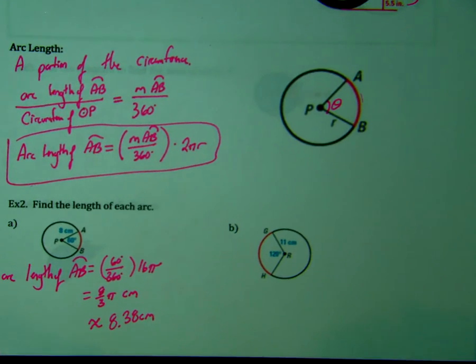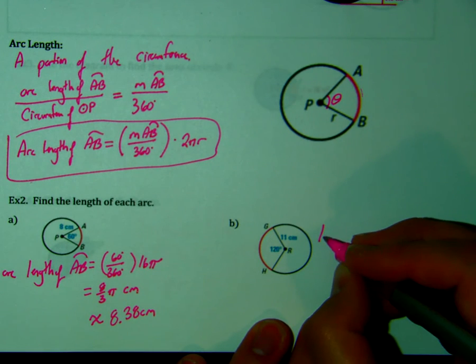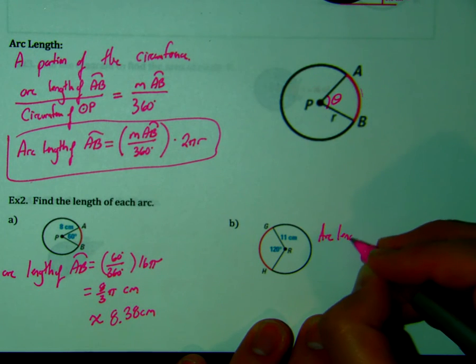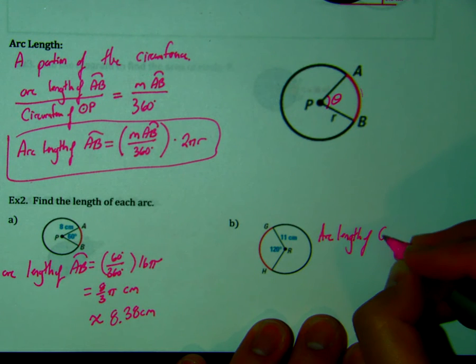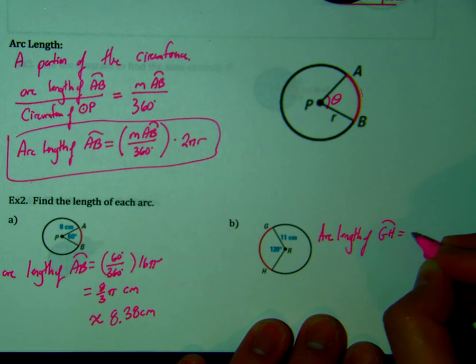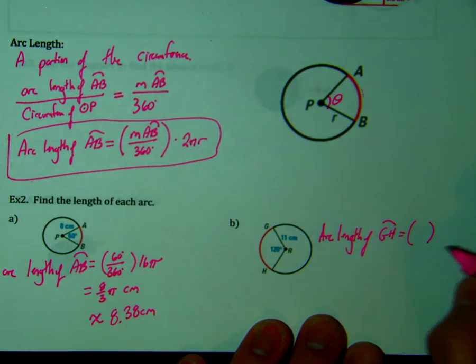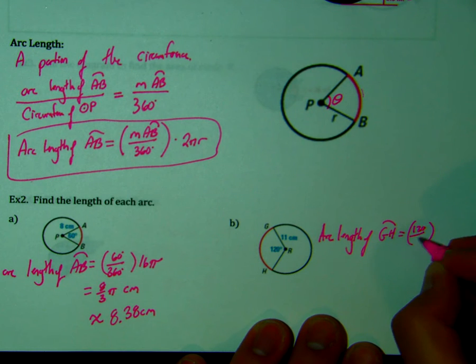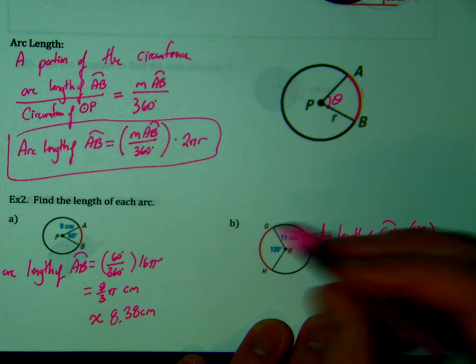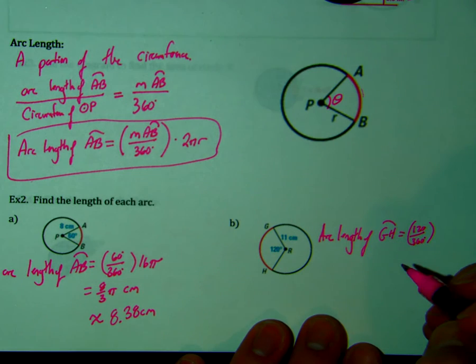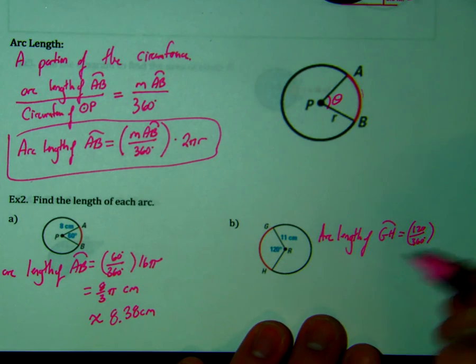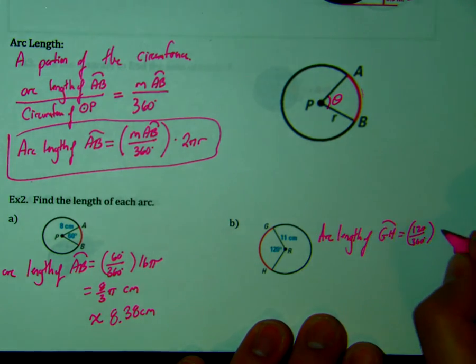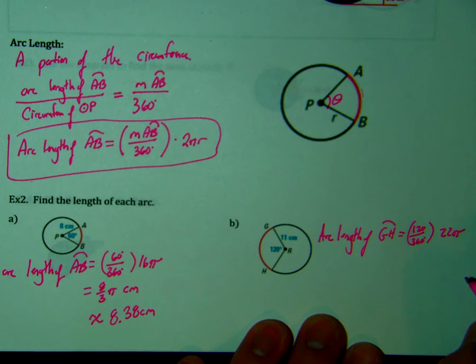Okay, the other arc measure here, we have the arc length of arc GH is a fraction of the perimeter. That fraction is 120/360ths, so it's 1/3 of the perimeter because the angle is 1/3 of the full circle. Radius of 11, so that is 22 pi centimeters.